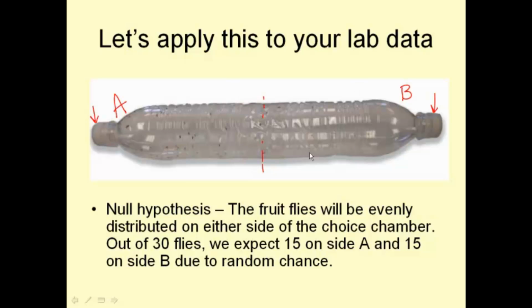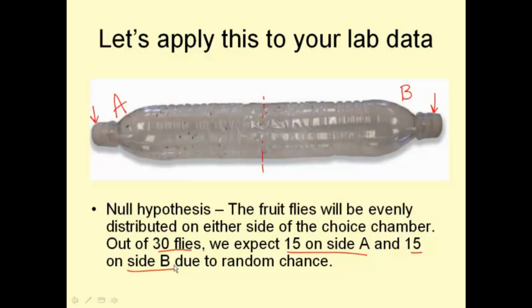The null hypothesis would predict that the fruit flies would be evenly distributed on either side of the choice chamber. So out of 30 flies, we would expect 15 on side A and 15 on side B due to random chance.